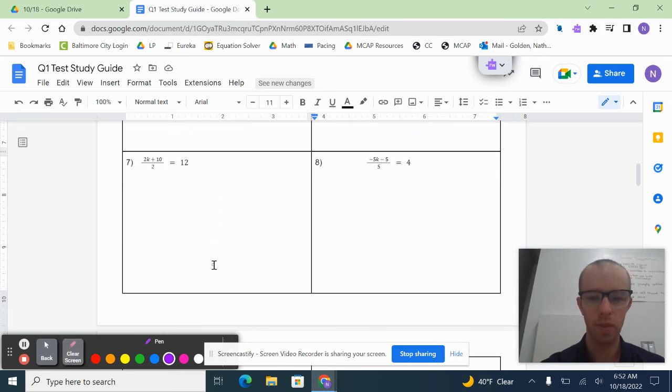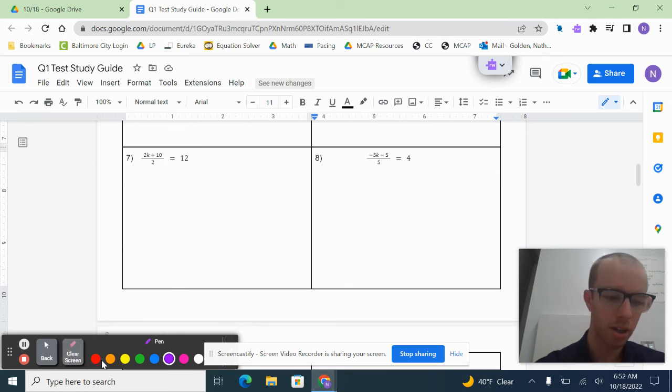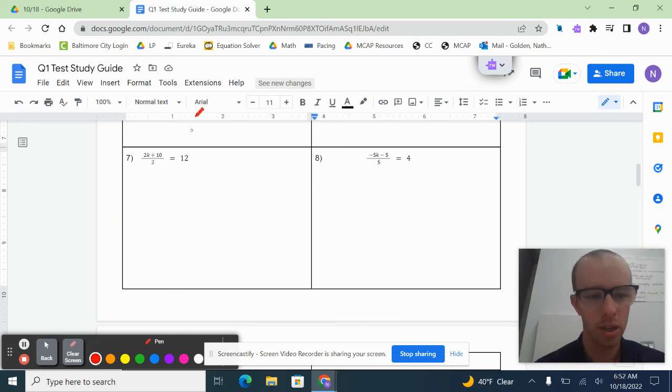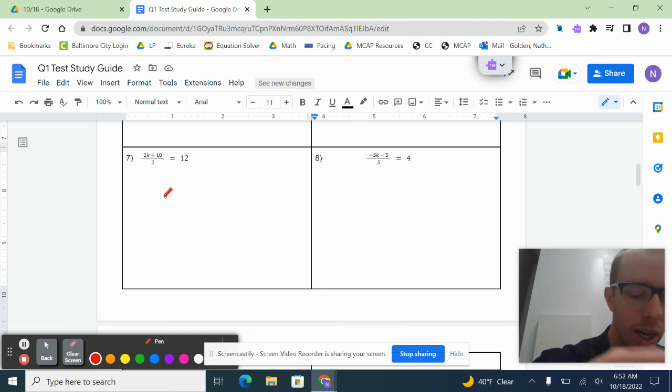All right, number 7 and 8 here, they are dealing with fractions. We can do these. This is saying 2k plus 10 divided by 2. Remember, a fraction line is the same as division. So I just need to get rid of division. To get rid of division, I do the opposite of division, which is multiplication. Multiply each side by 2. These cancel.